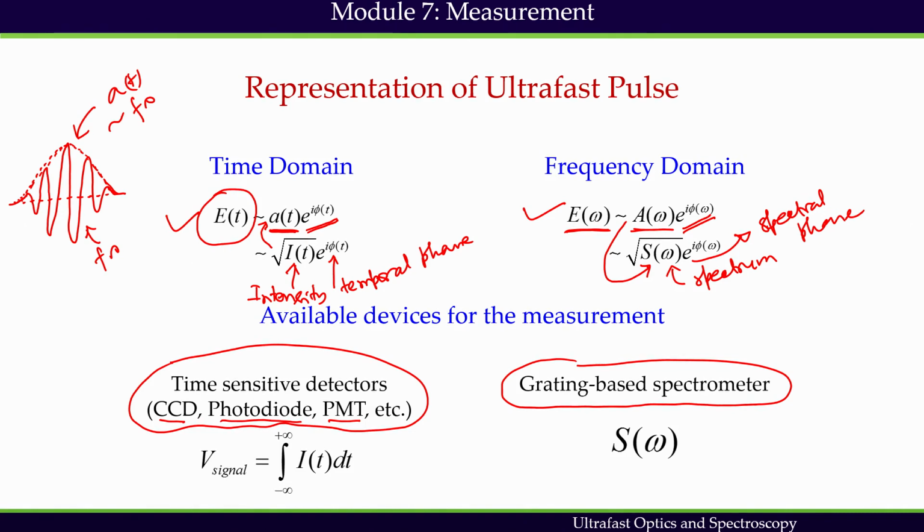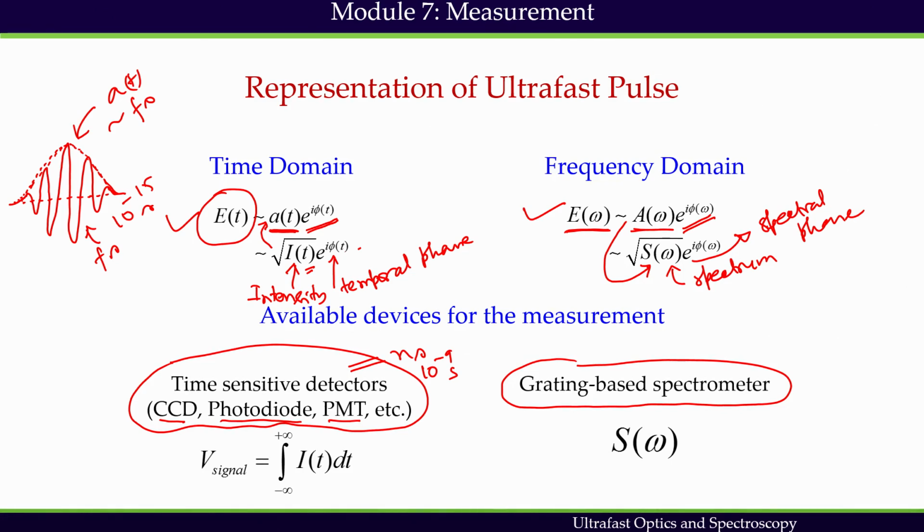But all the time sensitive detectors having response time of the order of nanosecond, 10 to the power minus 9 second, this one is 10 to the power minus 15 second. So, clearly they are too slow to measure either the intensity profile directly or the temporal phase in the time domain.